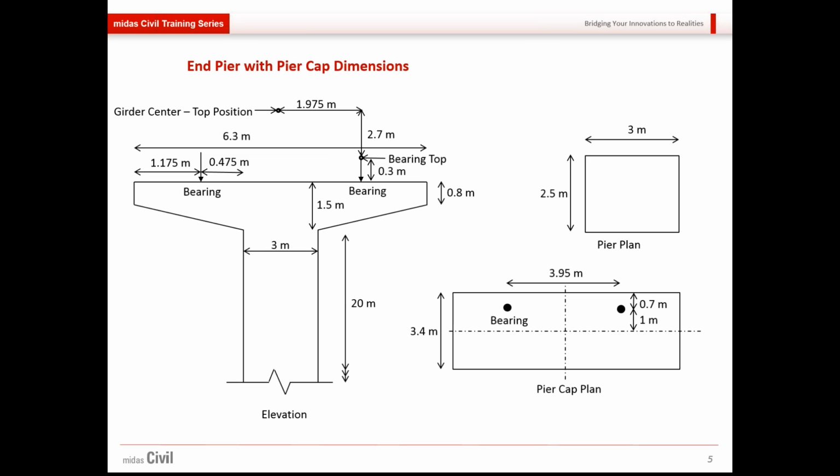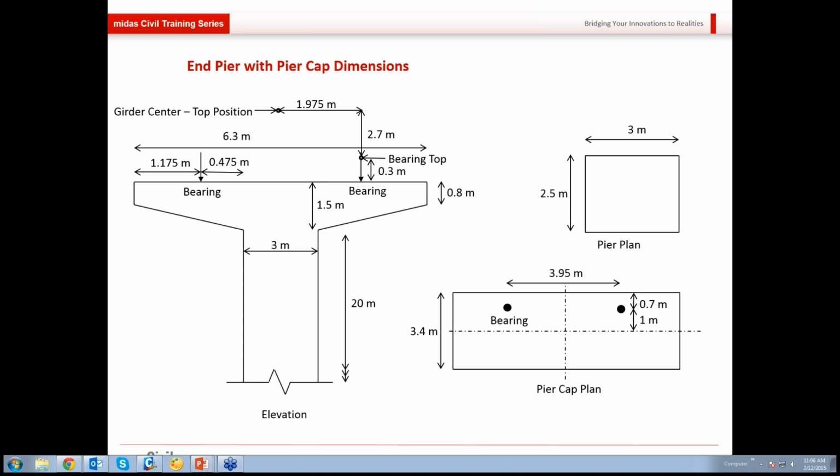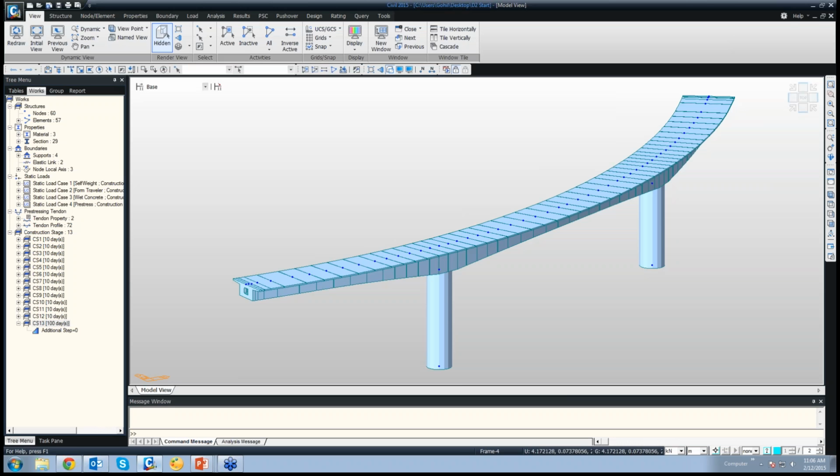So first of all, let us start by modeling this. This much was done yesterday. Now, first of all, let us make the bearing positions at the girder bottom.